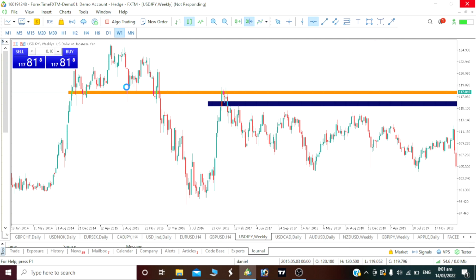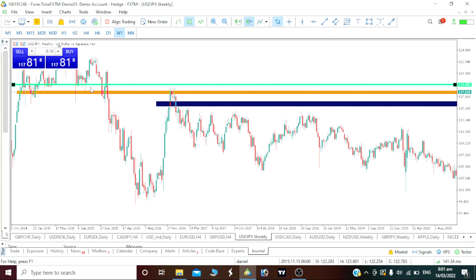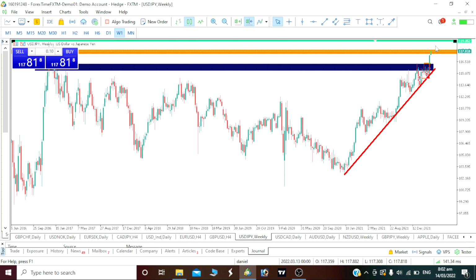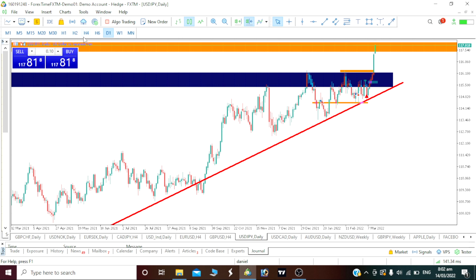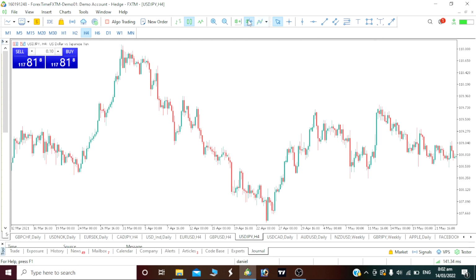So we should be seeing some movement to this area here, before we see some change in our structure. On our weekly time frame it's bullish, on our daily time frame bullish, on our 4-hour time frame too it is bullish. So we want to be taking our buy position on our USDJPY.